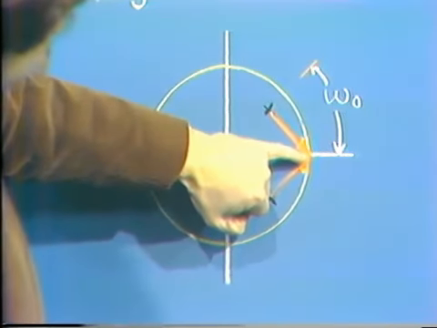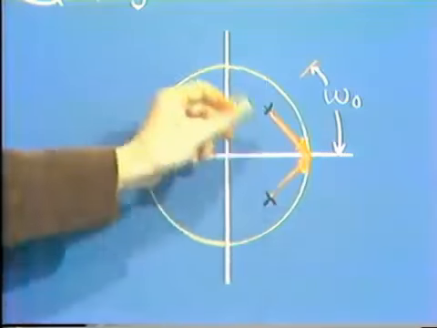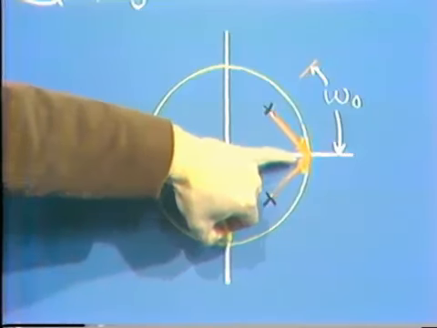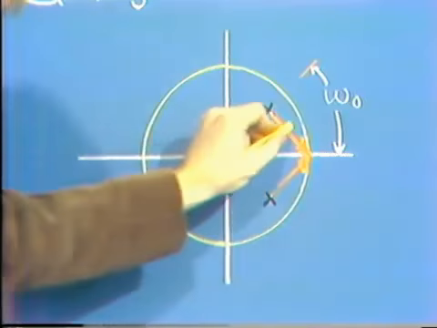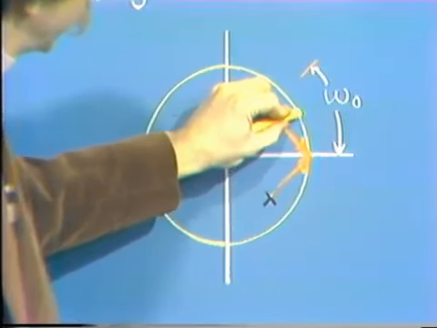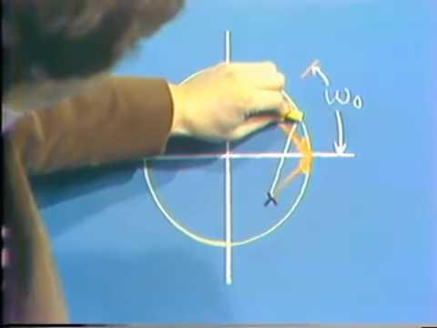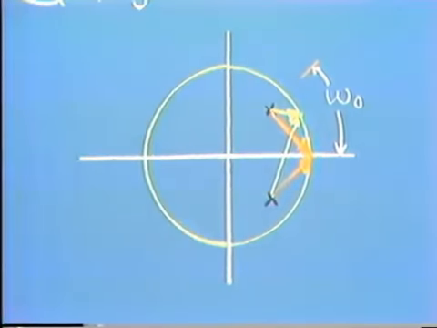As we move around the unit circle from omega equals 0, let's say to some point that's closer to omega 0, then this vector gets changed to that one, and this vector gets changed to this one.